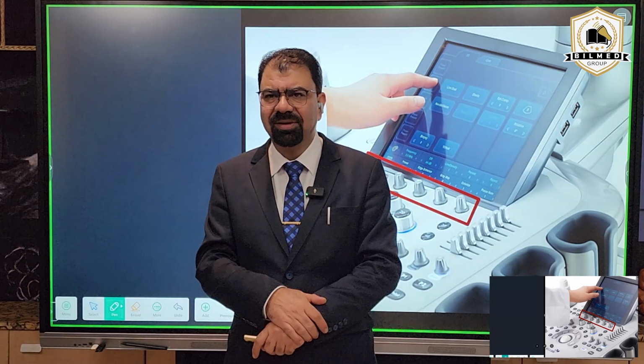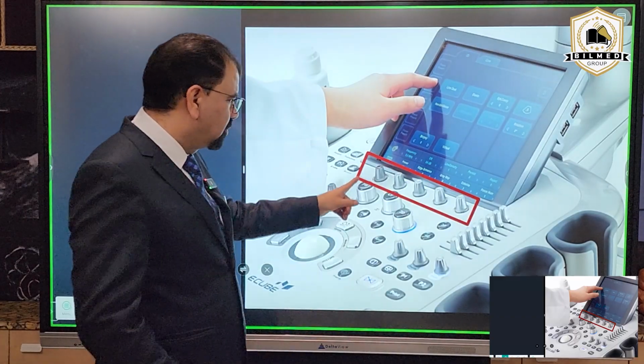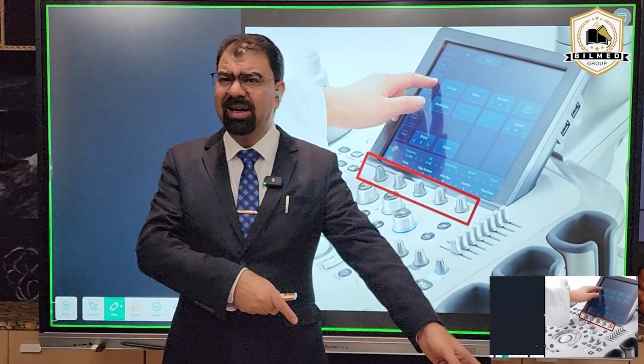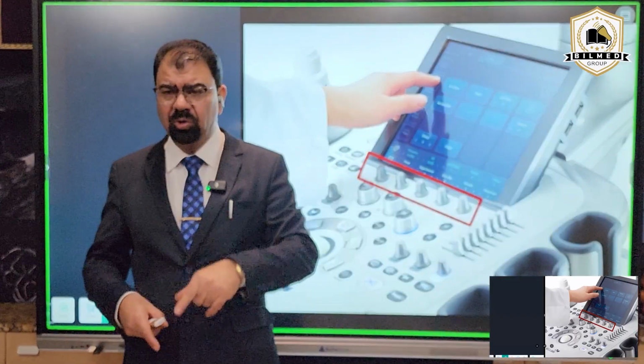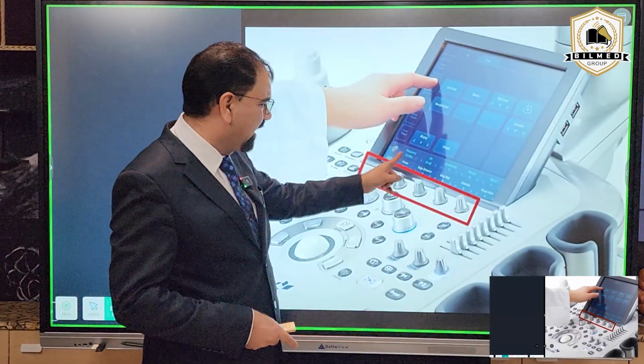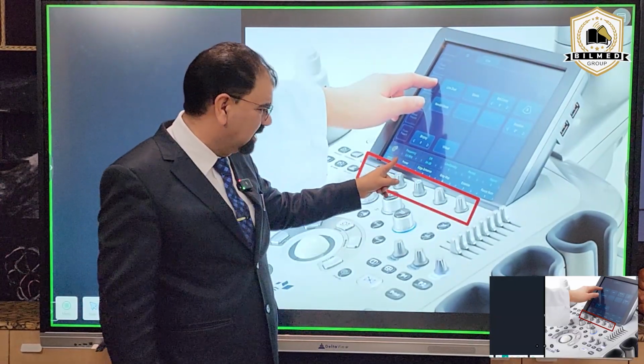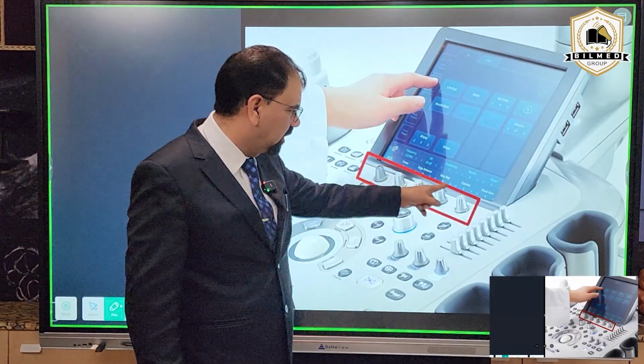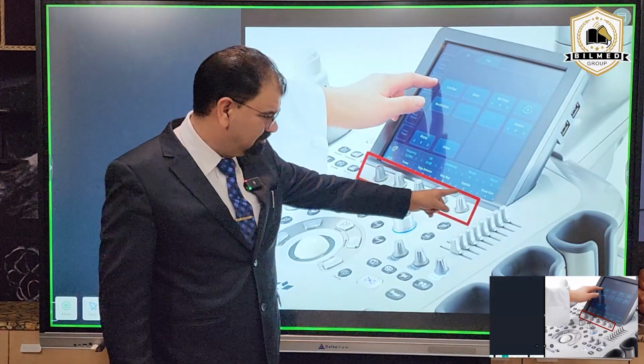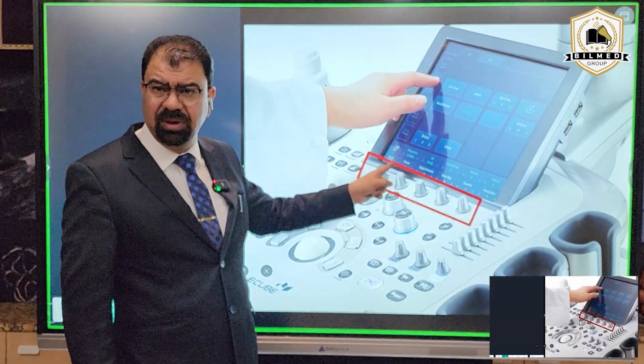Actually, it is. Today only, after completion of this session, you will go to the OPD and you will see that there are actually 5 small dialog boxes, 1, 2, 3, 4, 5, just at the bottom of the display.